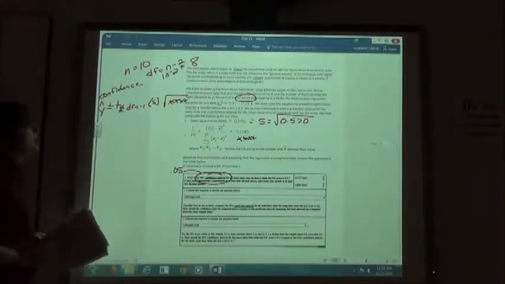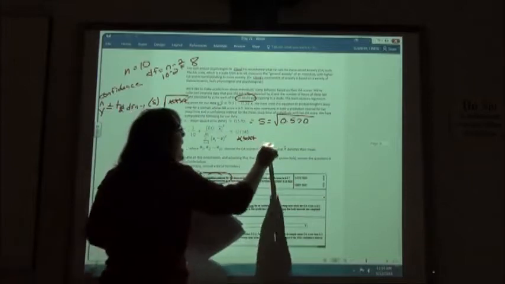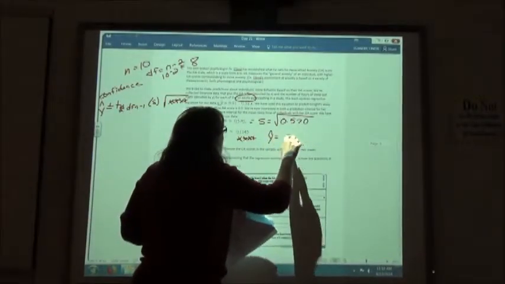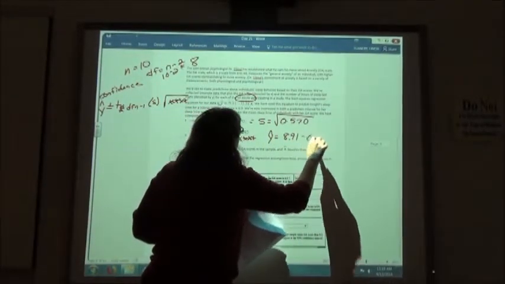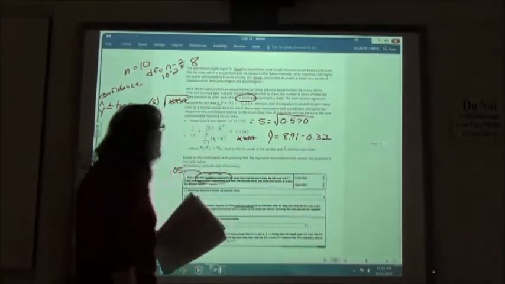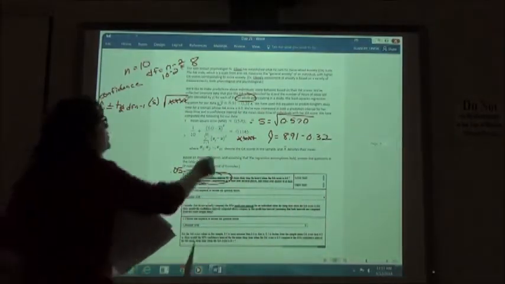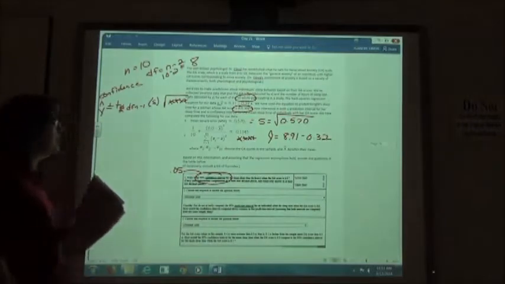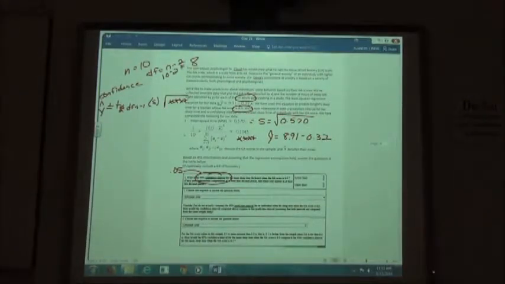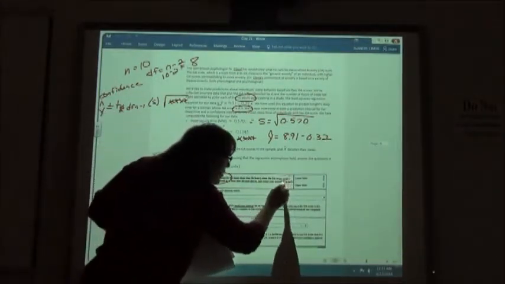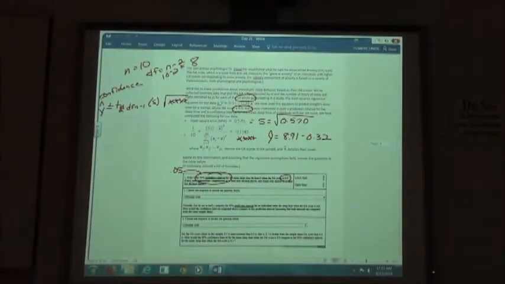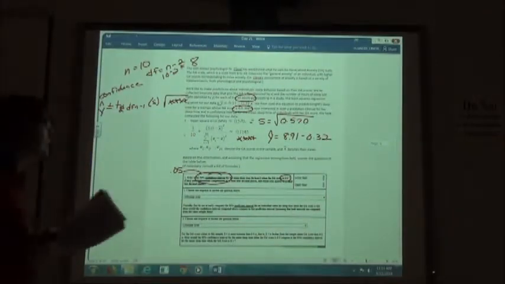I have to start by calculating y hat. Y hat is equal to 8.91 minus 0.32 times our x value. We are using an x value of 6 since we're predicting what that is. It also tells you right here what's the GA score if my x value is 6.